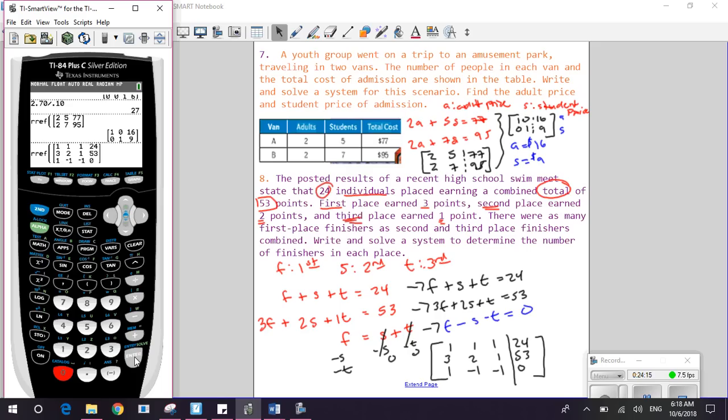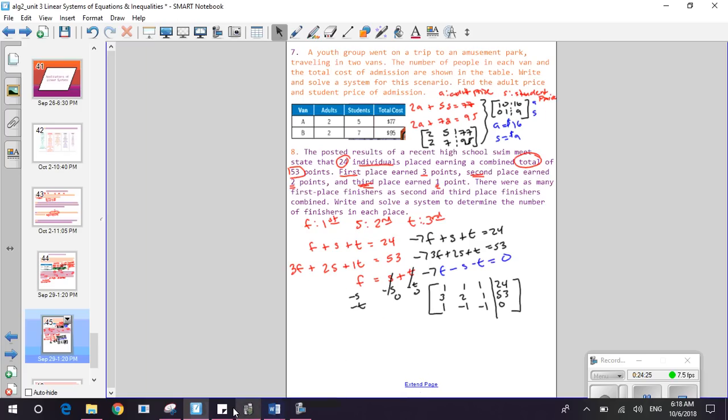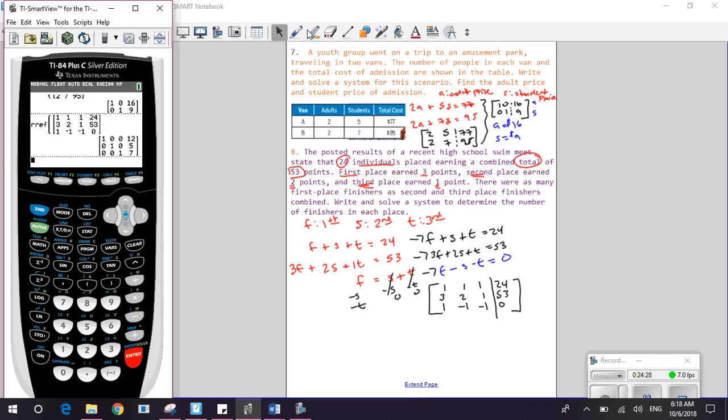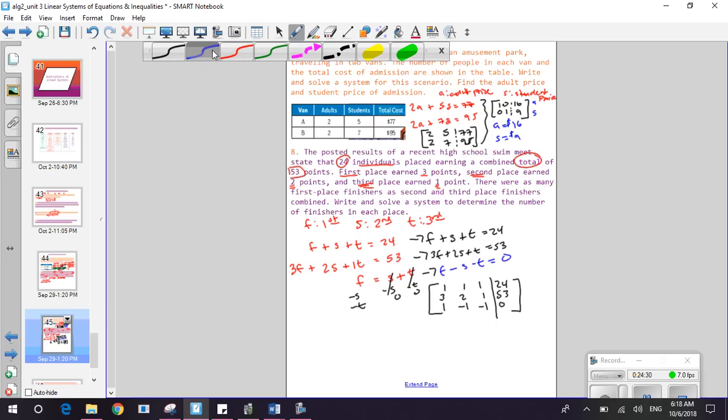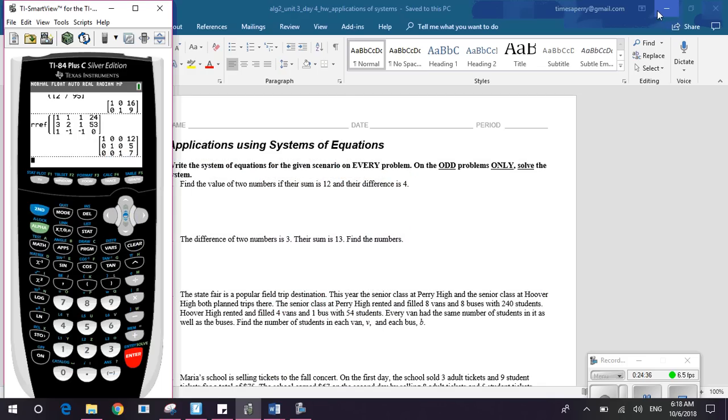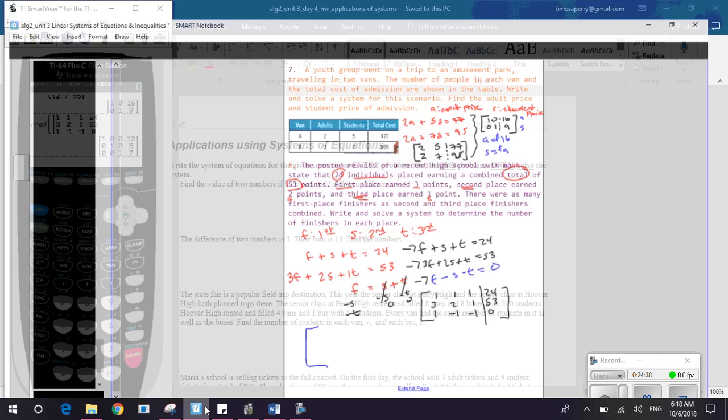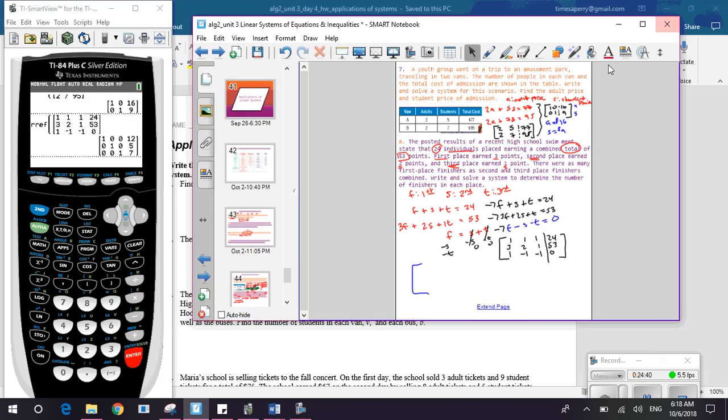And now we can hit enter if everything's in there correctly. There we go.